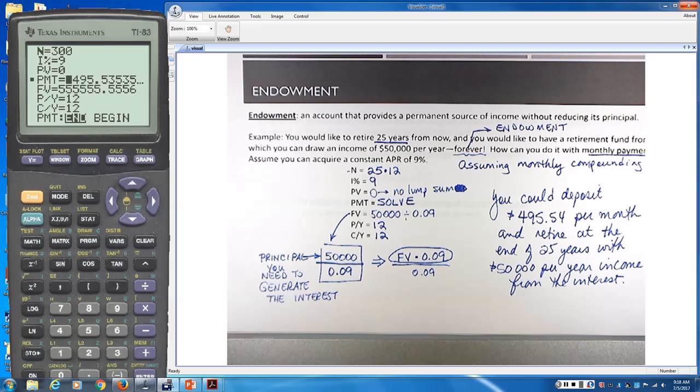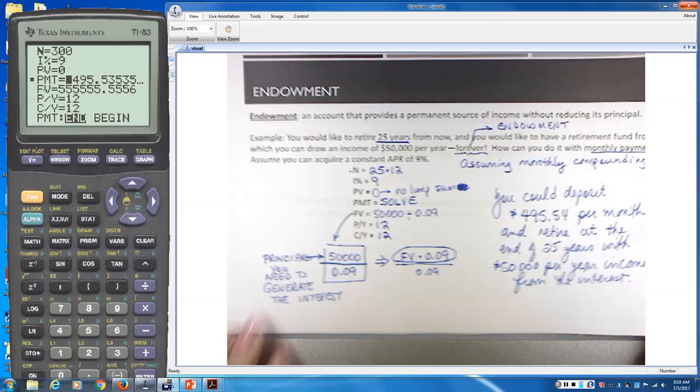So you could accomplish your goal with payments that are less than $500 a month. Okay? So that's the idea of an endowment.